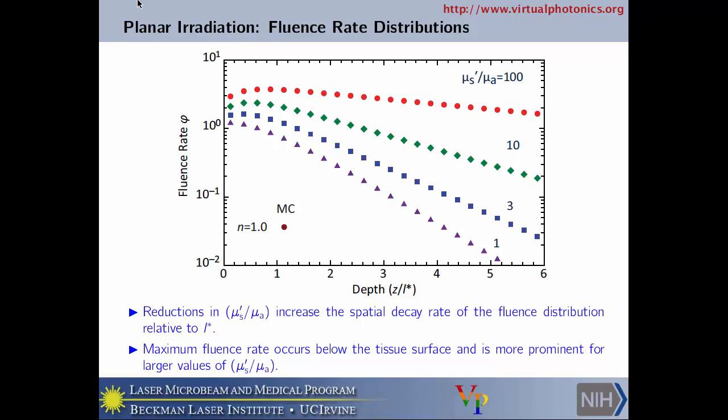The other thing we see is that the overall fluence rate increases as your scattering gets more prominent, because you're losing less light due to absorption. The other thing is that you actually get a maximum fluence rate not at z equals 0, but a little ways below the surface. Might anybody take a guess why you're not seeing a maximum of light right at the surface, but a little bit below the surface?